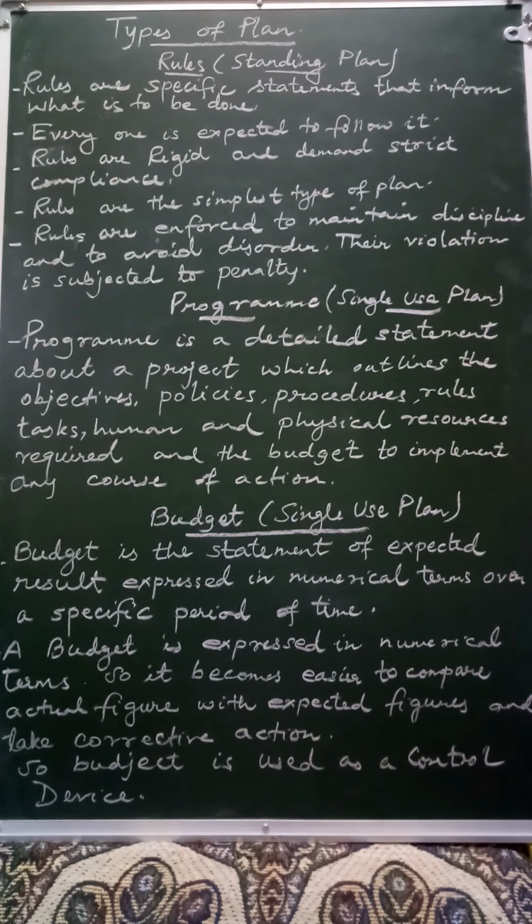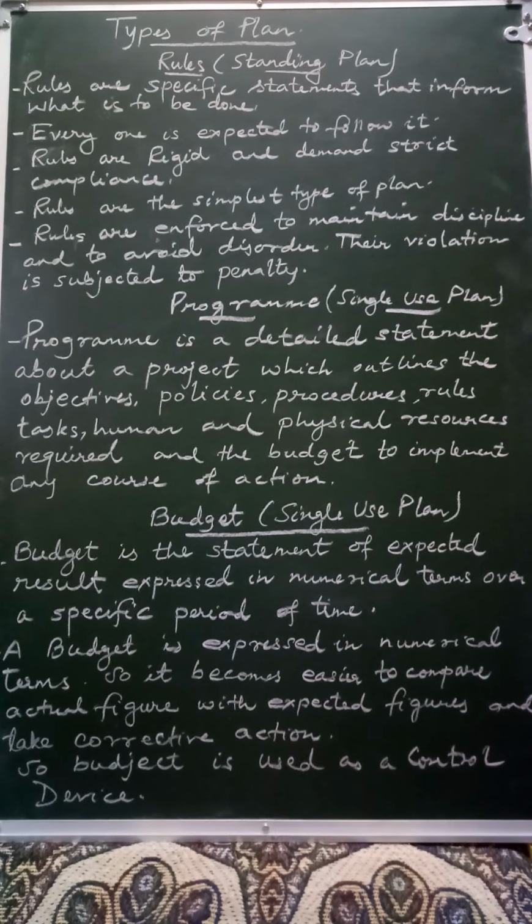Now, a budget is a plan which quantifies facts and figures. For example, a sales budget may forecast the sales of different products in each area for a particular month. A budget may also be prepared to show the number of workers required in a factory when there is more and more production.